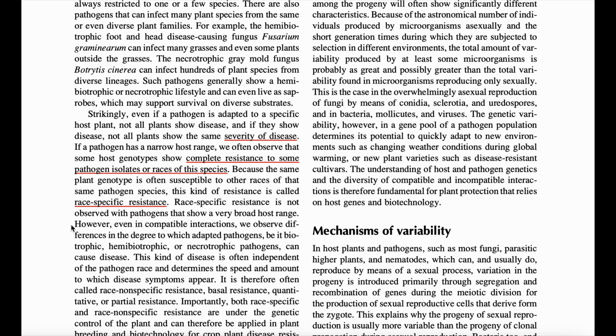And race-specific resistance is also called what? We have heard of vertical and horizontal resistance, right? So race-specific resistance is the vertical resistance, which is very specific, and with this we can gain complete resistance over that pathogen, because it is governed by one or very few genes.